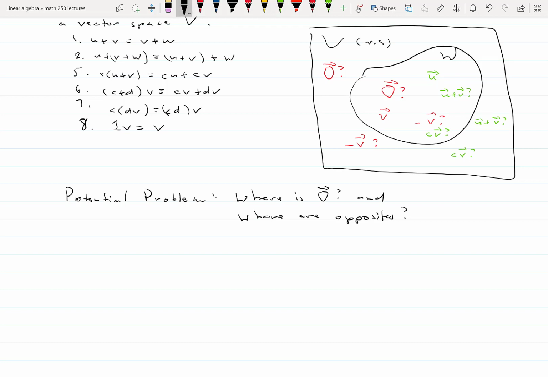Before we prove that all we need to do to show that a non-empty subset W of a vector space V is itself a vector space, is show that when you add two elements in W, they stay in W, or if you take any scalar multiple of any element of W and it stays in W, then you have a vector space.